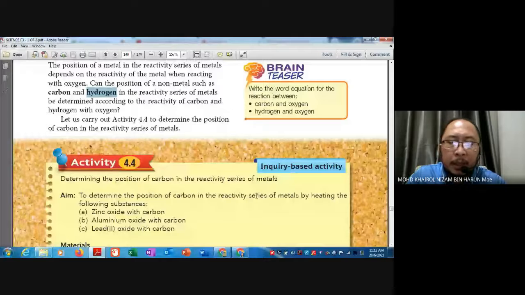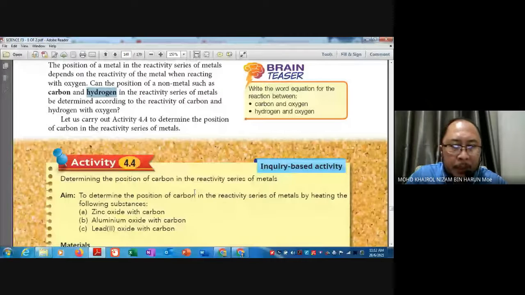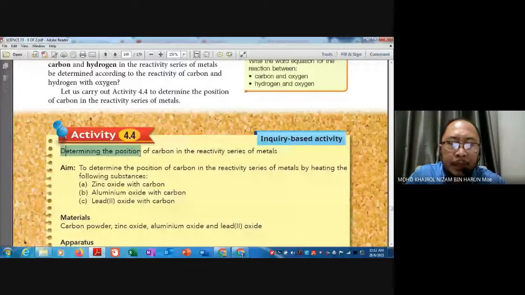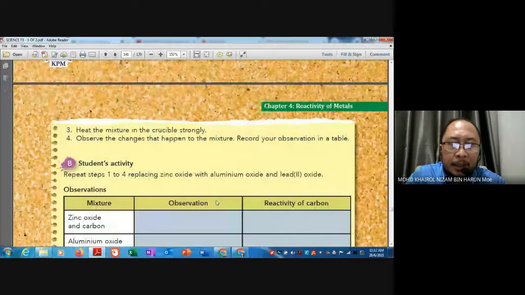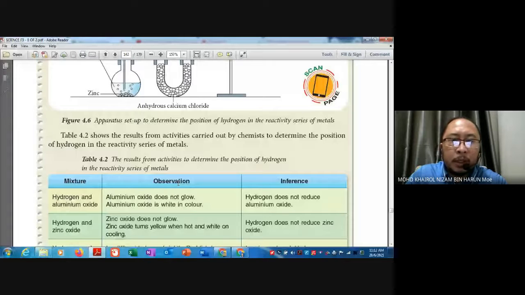The first experiment determines the position of carbon in the reactivity series of metals, and the second experiment determines the position of hydrogen.